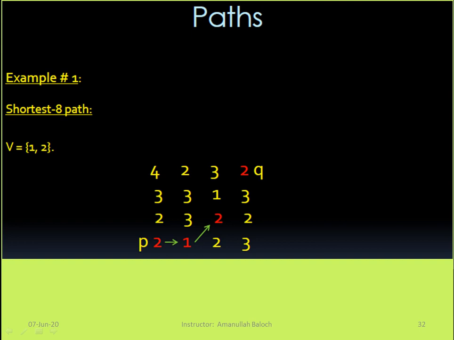From here we can move to this pixel and also to this pixel, because these two pixels lie at the horizontal and vertical position, that is N4 of P, this is P, and these two are at the position of N4 of P, while we cannot consider this pixel and this pixel because they do not belong to set V. These two pixels belong to set V, they can be considered, but we cannot move from here.